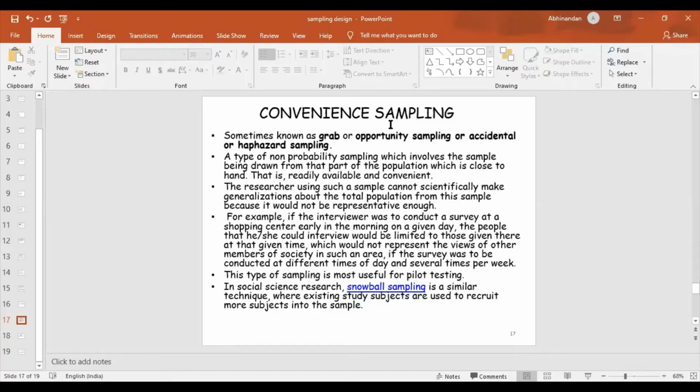They are nearest to your place. So convenient means you are collecting information from those respondents who are nearest to you, or for whom it is easy to collect data. So that is called convenience sampling.